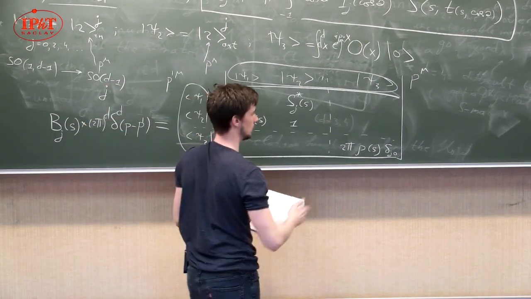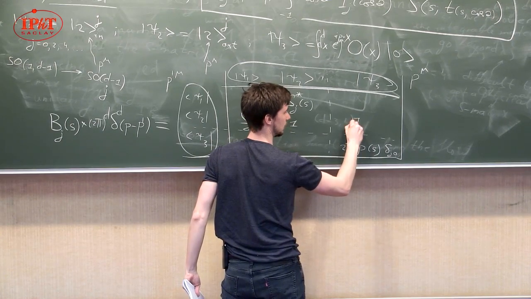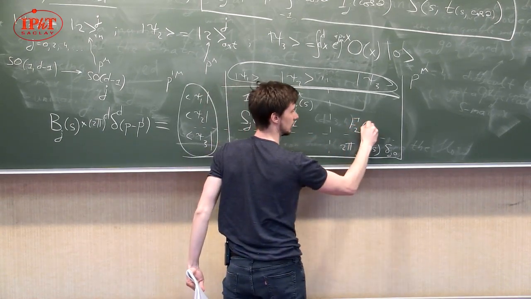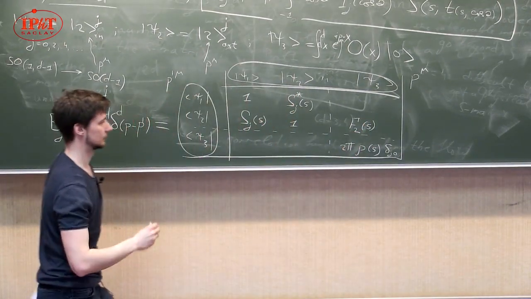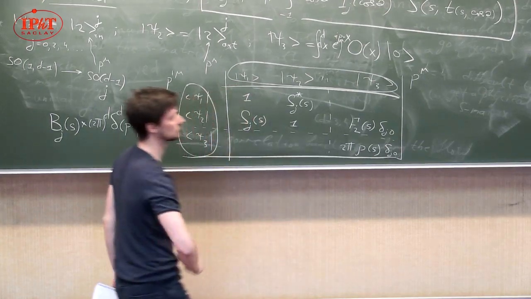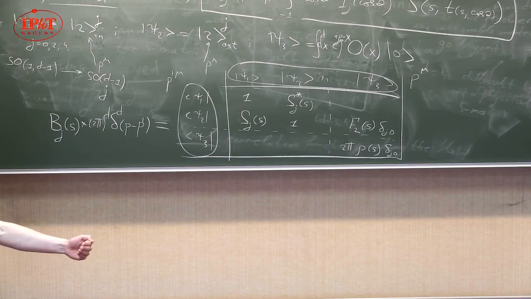By definition, and we Fourier transform it, this object is called the form factor, and 2 stands for 2 particles, and it depends on the S variable only, and the delta J0. So it's basically the overlap between the state created by the local operator and the 2-particle in or out state.